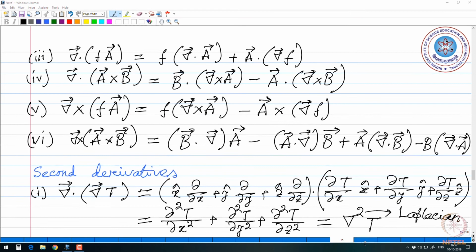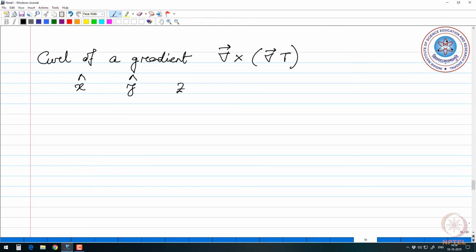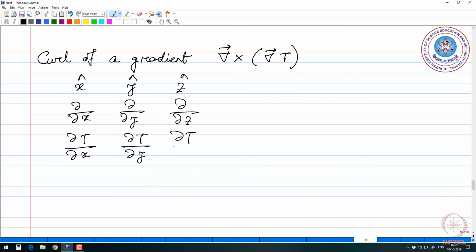Now we can consider the curl of a gradient. This quantity can be expressed in the determinant form as x cap, y cap, z cap; del x, del y, del z; and del t del x, del t del y, del t del z.